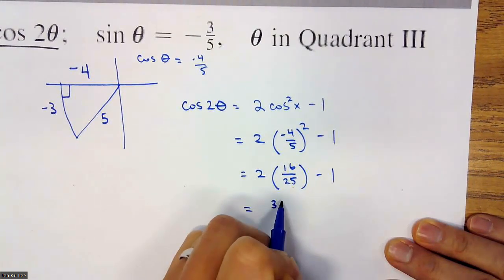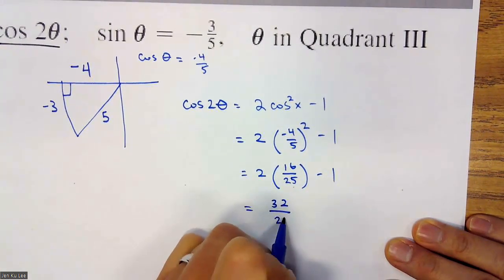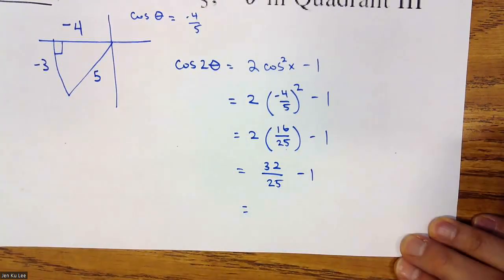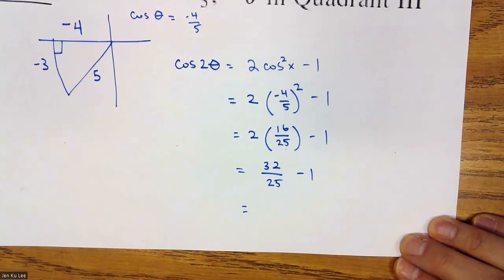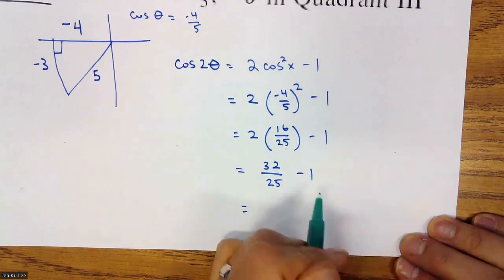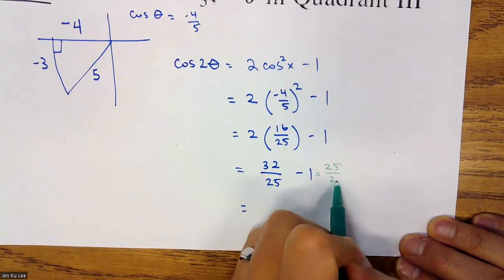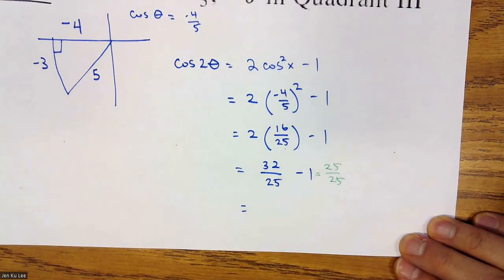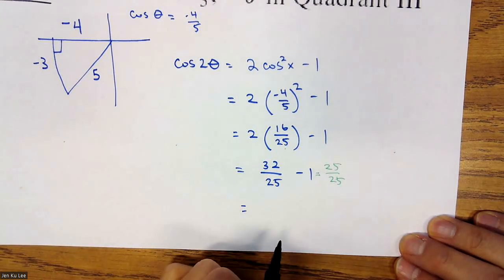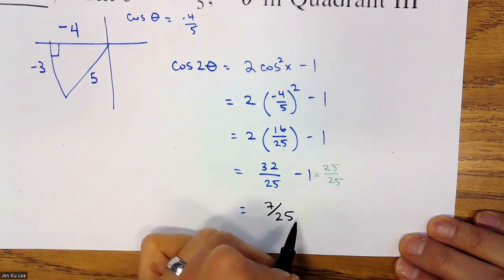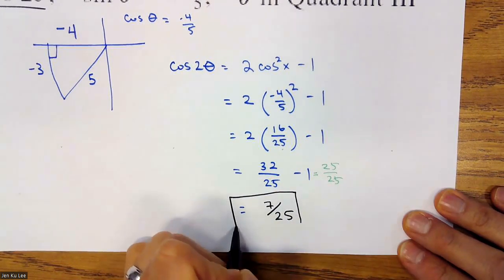That is 32 over 25 minus 1. And 1 is 25 over 25. So 32 minus 25 is 7 over 25, right?